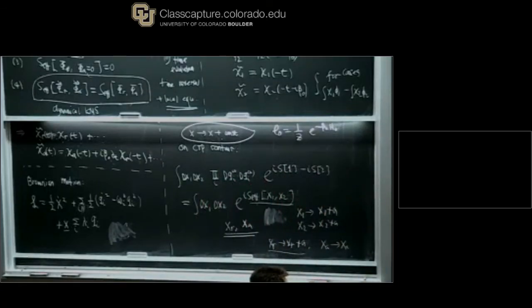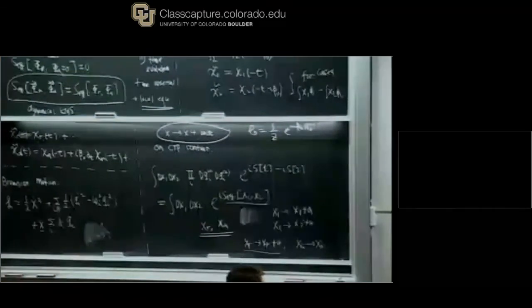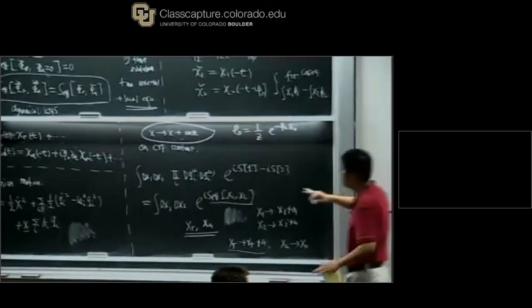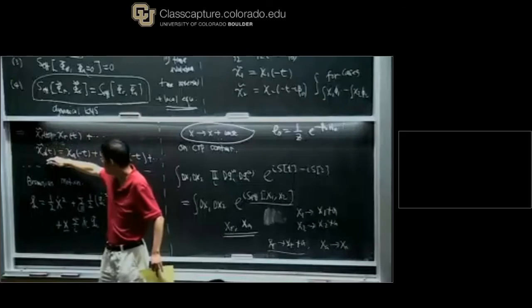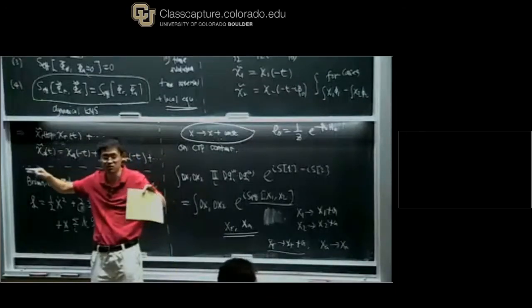So now we see that in the real-time formalism, the fluctuation of a dynamic variable is separated into 2 types. One type is the fluctuation of the dynamic variable themselves, and the other corresponds to their noise.